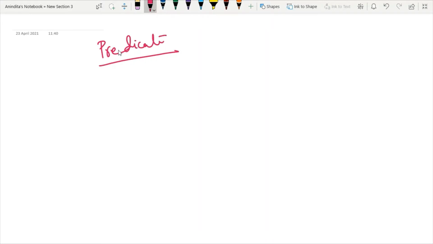Now I will explain this predicate logic in terms of this function. We can say that predicates are basically functions which can return true or false. Which kind of function can be denoted as predicate? Functions which denote attributes of any object or any relationship between individuals.